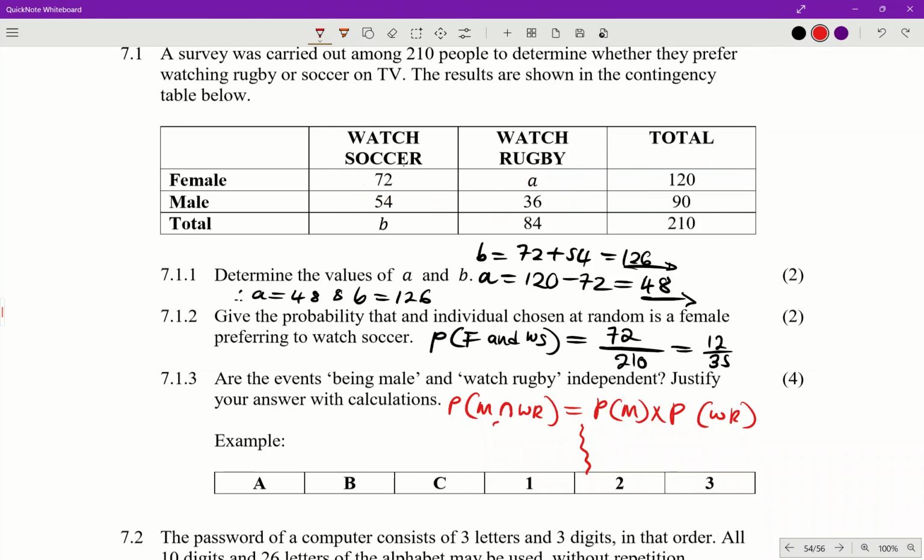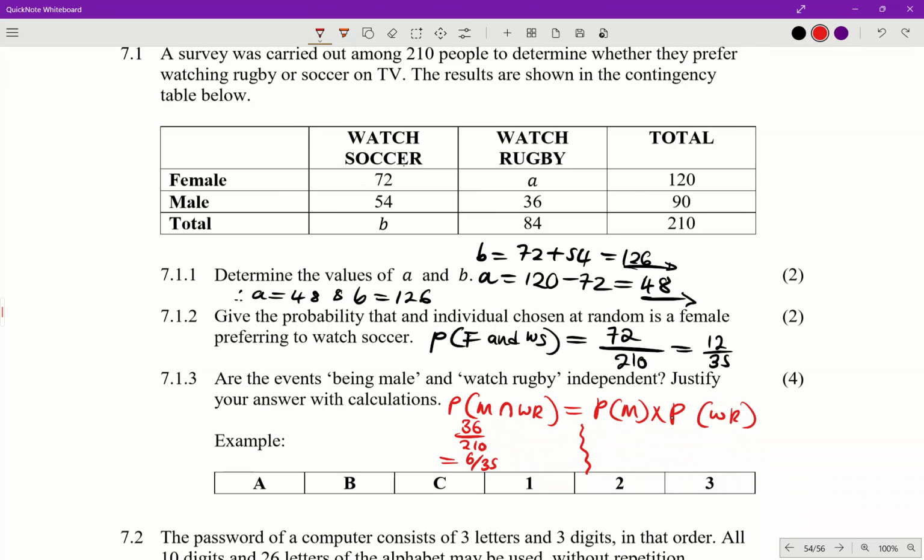So that's 36 all over 210. Let me write it like this: 36 all over 210 is equal to 36 divided by 210, which gives 6 all over 35, guys.